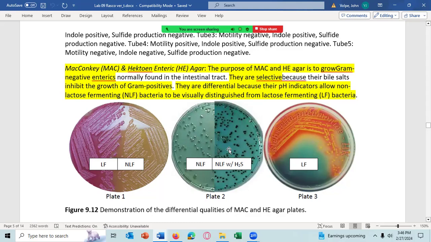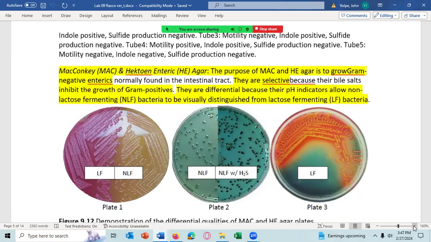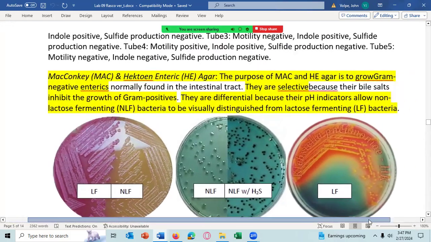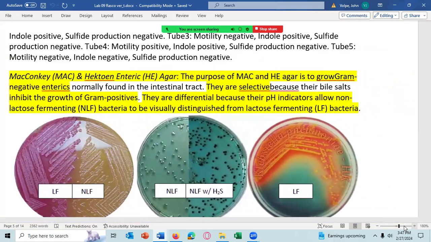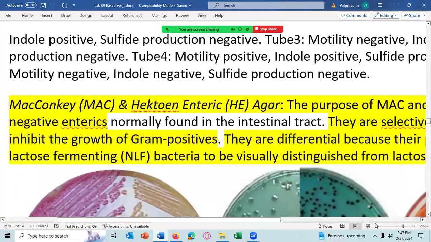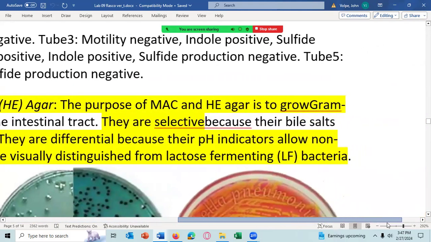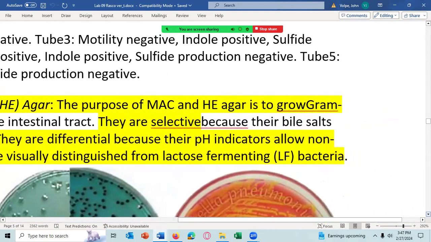If you have both hydrogen sulfide being produced and the sugar lactose being fermented, the colonies will appear to be black. So you cannot tell from the colony, but as you can see, the media around the colonies, let me blow this way up, the media around the colonies will turn salmon colored.